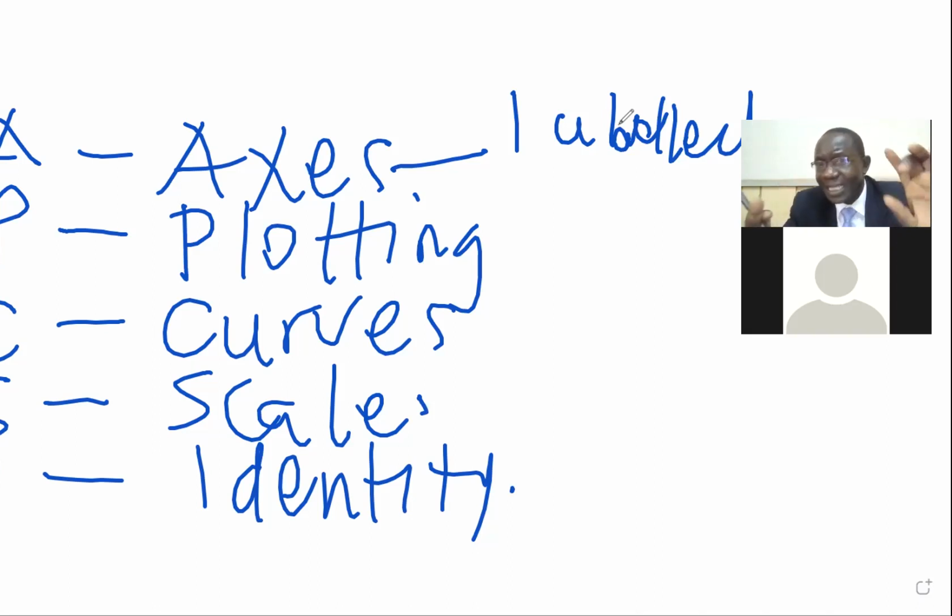So the axis should involve the item which is concentrated on that particular axis with the units inside the bracket. So, for example, there is a graph which I will show you briefly.